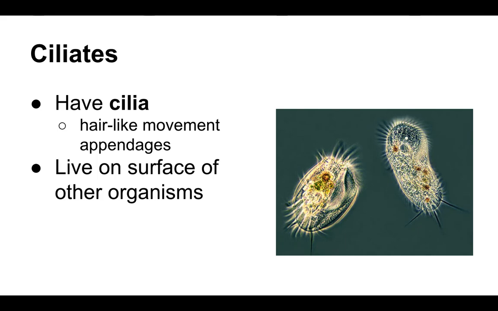We'll get to those terms later, but they can cause some infections on animals. It's good to know that there are other things that infect us besides bacteria and viruses. And ciliates are one of them.